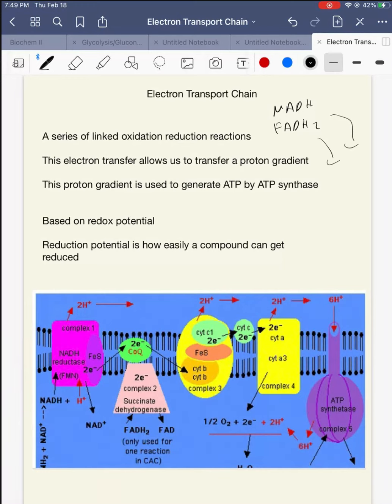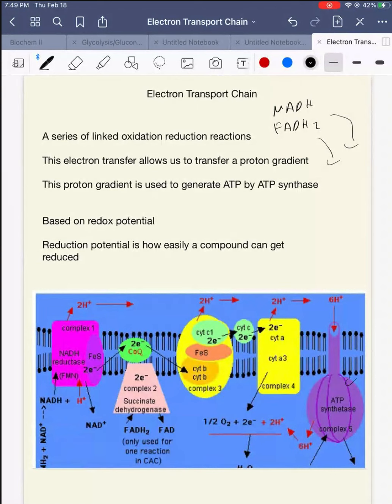When they transfer electrons to other cofactors in the electron transport chain, we use the energy generated by the transfer of electrons to pump protons across from the matrix into the intermembrane space, and we create this proton gradient. Then we use that electrochemical gradient to generate ATP via ATP synthase. So that's a general overview of what the electron transport chain is.